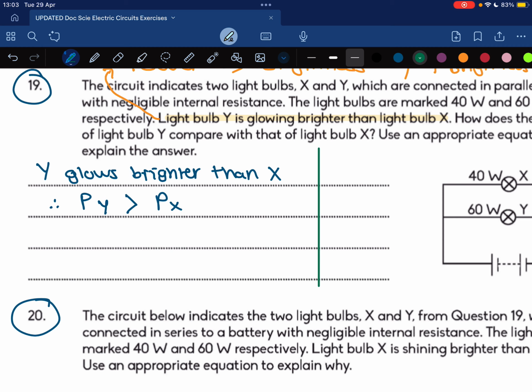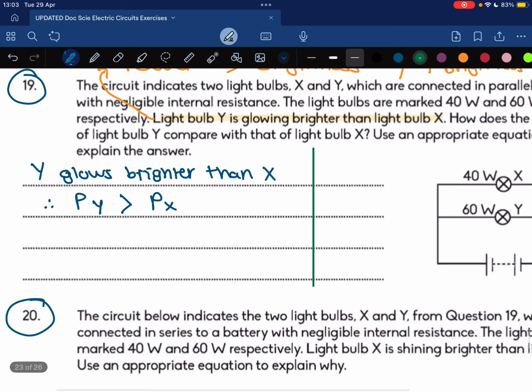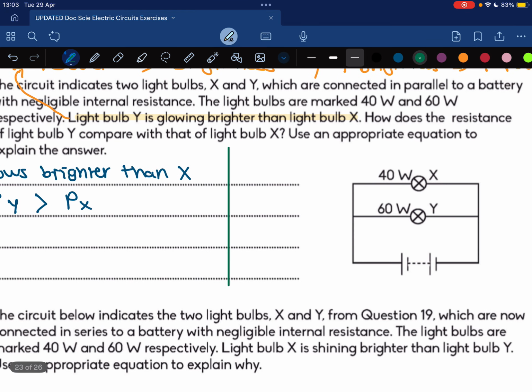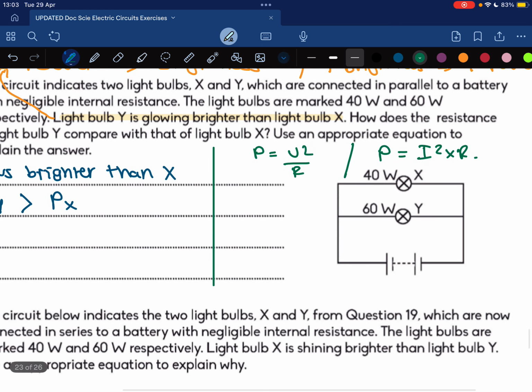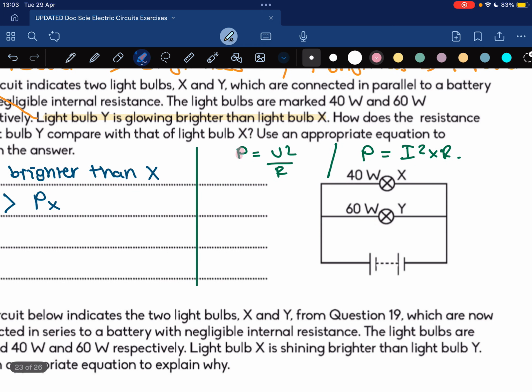So if I think about the power equations for resistance, there are two equations that you could use. There is the one where P is equal to V squared over R. And we have the other one which says P is equal to I squared times R. Now, we are trying to compare the power and the resistance.